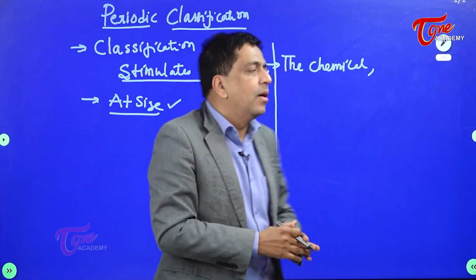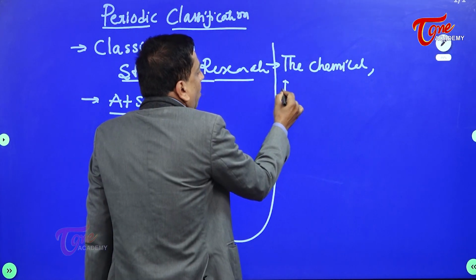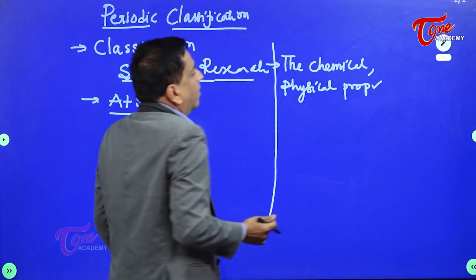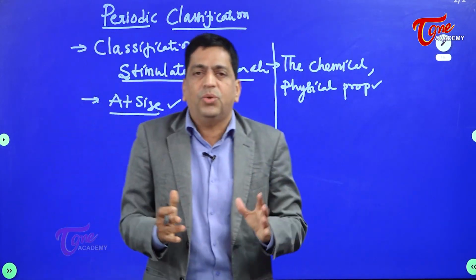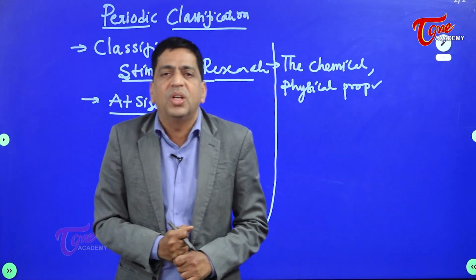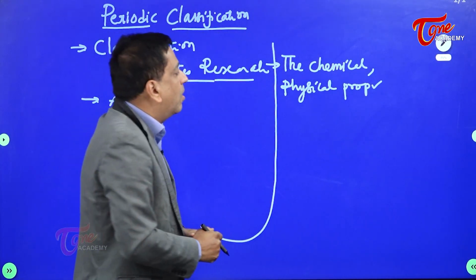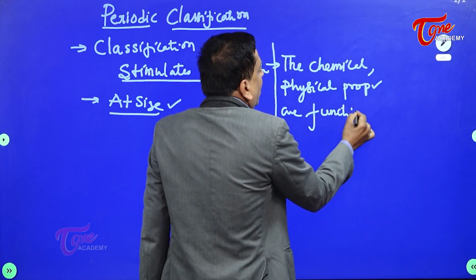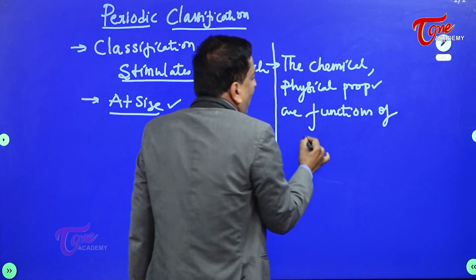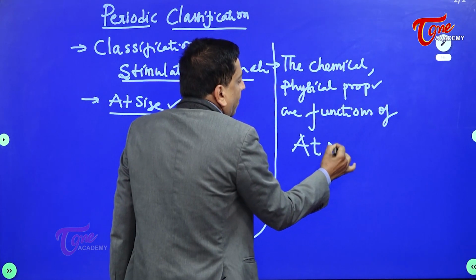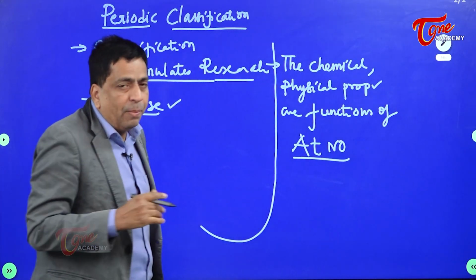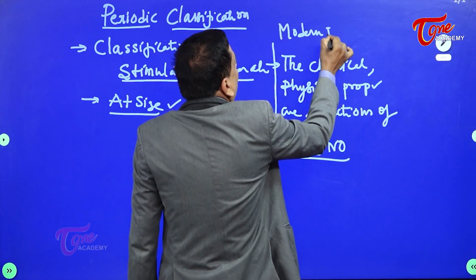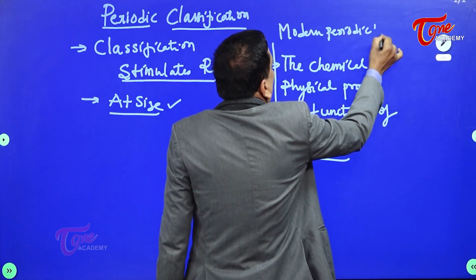The chemical and physical properties, mind you, whatever the elements are exhibiting, the chemical as well as the physical properties are basically functions of atomic number. That is the modern periodic law. So I call this the modern periodic law.